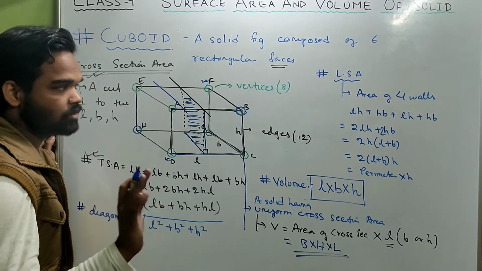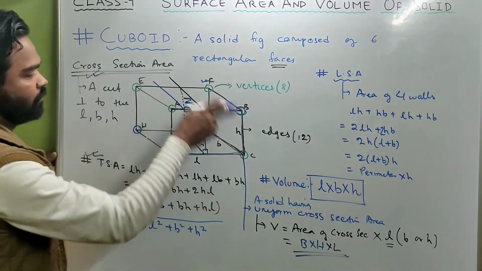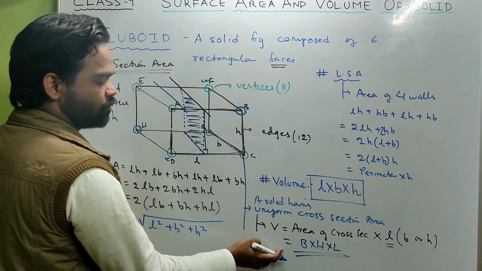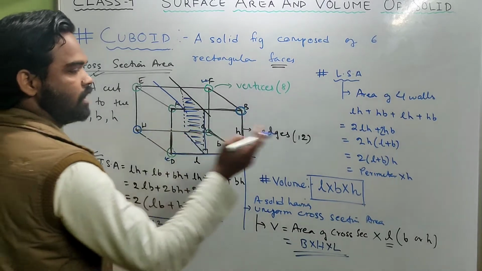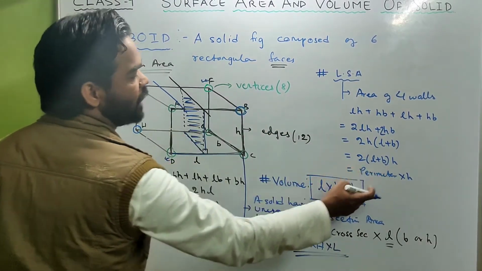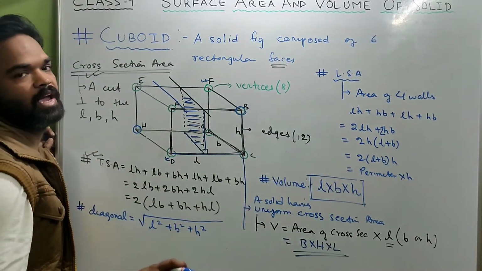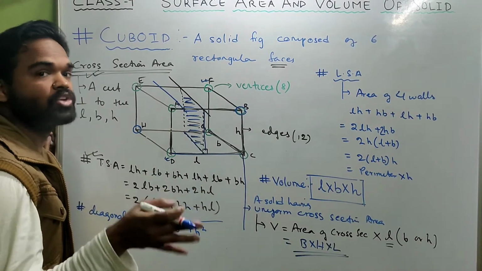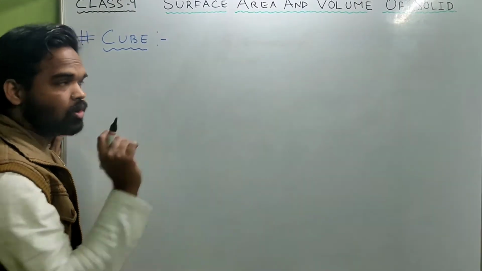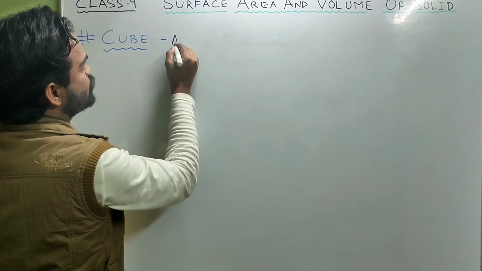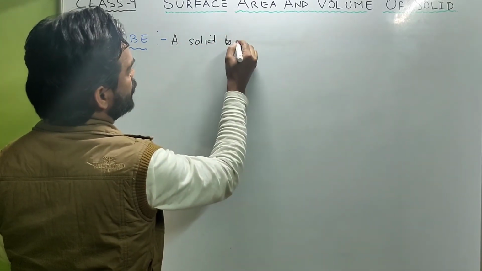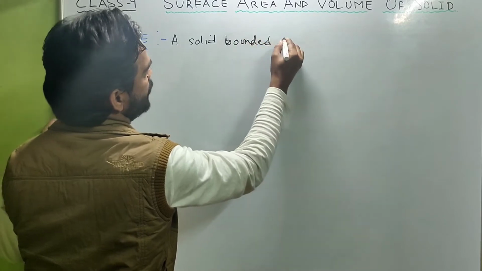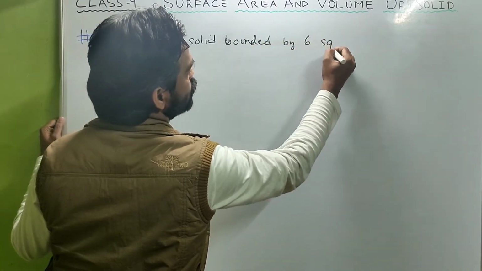Now let us discuss. So till now we have got the volume of a cuboid is length into breadth into height. The total surface area is twice LB plus BH plus HL, and the lateral surface area is perimeter into height, that's twice L plus B into H. Let us talk about a cube. When we are talking about a cube, we are talking about a solid which is bounded by 6 square faces.